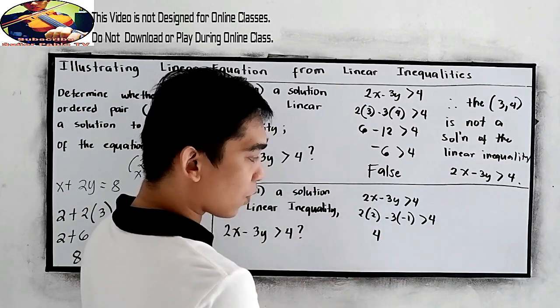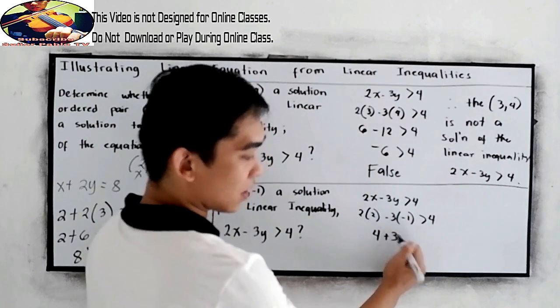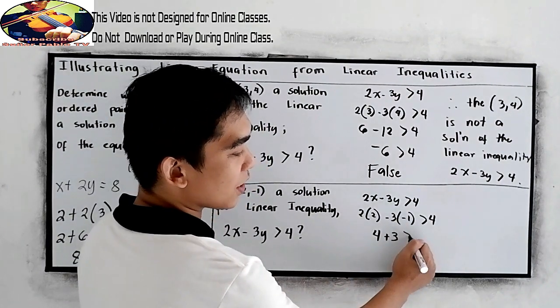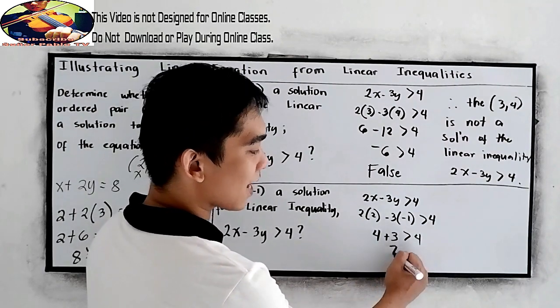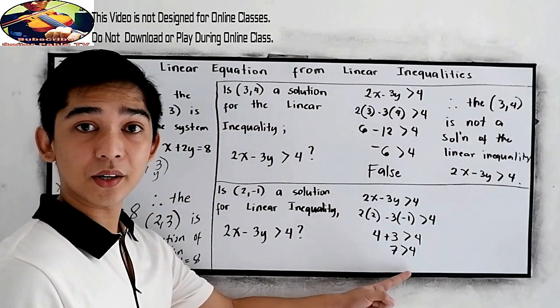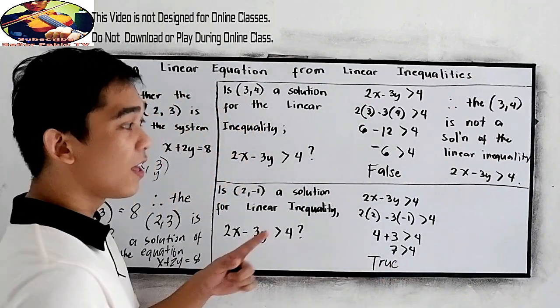Negative 3 times negative 1 is positive 3. Negative times negative, positive 3. 4 plus 3, this is 7. Greater than 4. Is 7 greater than 4? Yes. So this is true.